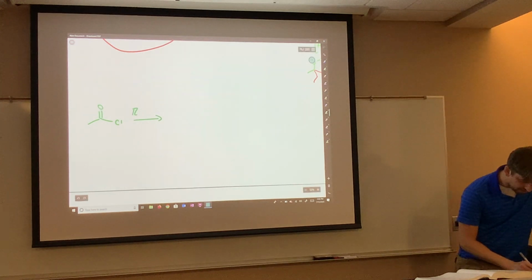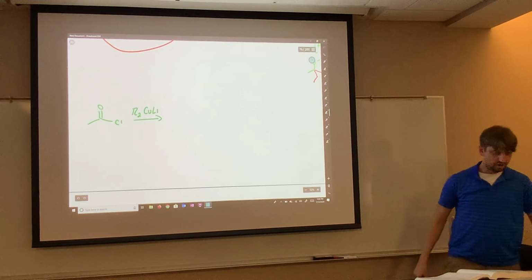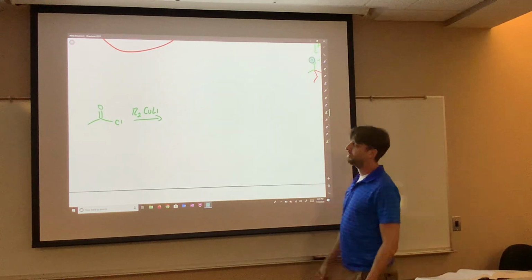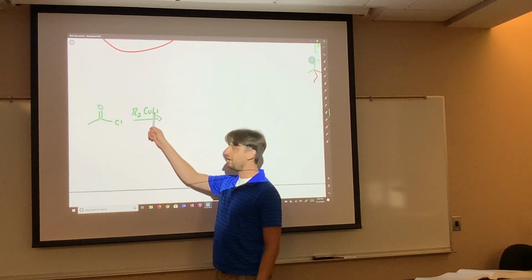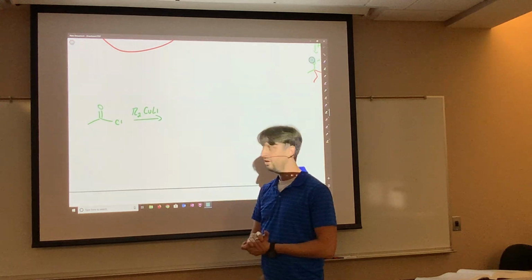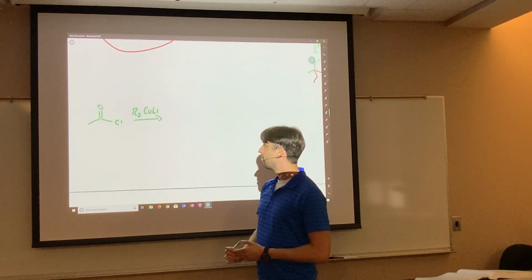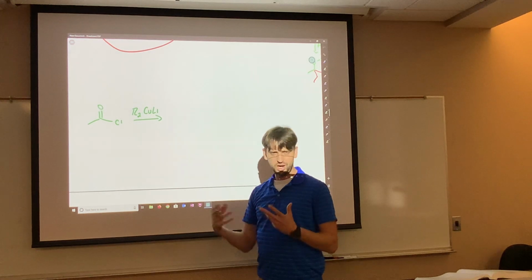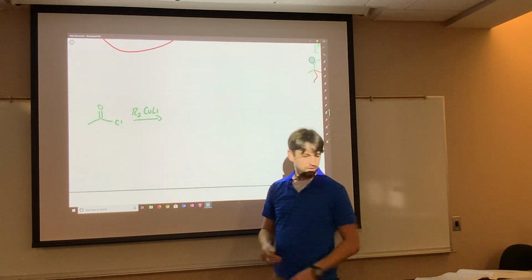So our Gilman reagents have this generic setup, right? R2CuLi, right? So these copper lithium type species here, where the R group there can be any alkyl group, right?